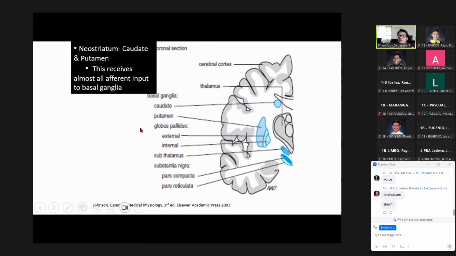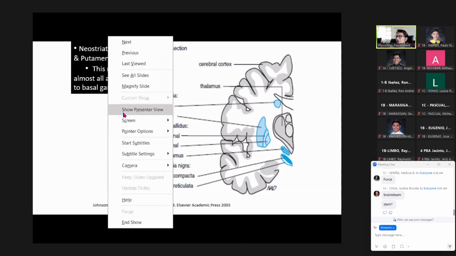Now, these are some generalizations that you should remember. The neostriatum is composed of the caudate and the putamen. They receive almost all afferent input to the basal ganglia. Where does the afferent input into the basal ganglia come from?